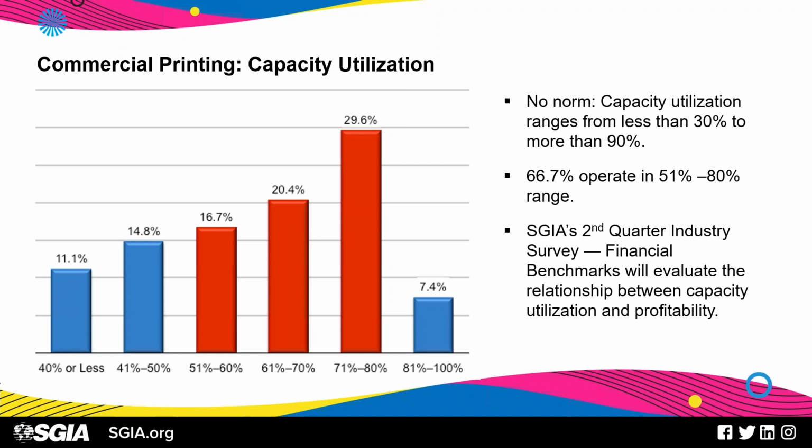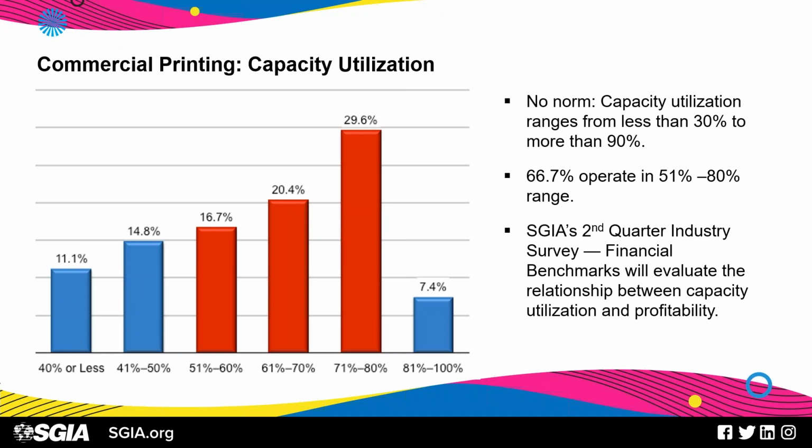And that's very interesting, but capacity utilization alone tells us very little about profitability. Is the capacity being used efficiently? Is the company generating sales that support efficiency and profitability, or has it loaded up on work that keeps the equipment busy but doesn't really do much for the bottom line?